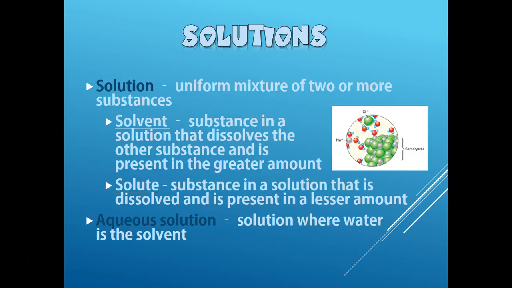And when we talk solutions, we've got two basic components or two basic parts to any solution, your solvent and your solute. And your solvent is the substance that's actually doing the dissolving, and typically is present in a higher concentration or a larger amount, as opposed to the solute, which is what is actually getting dissolved.